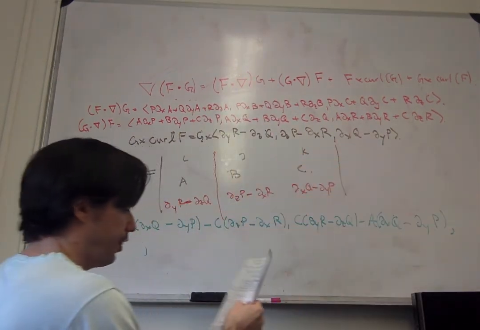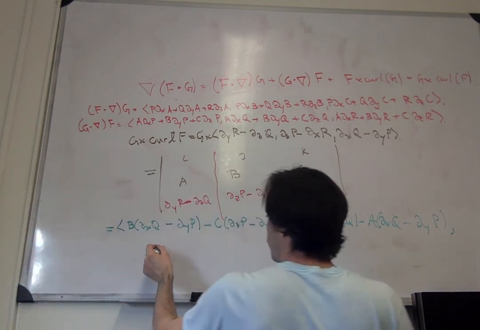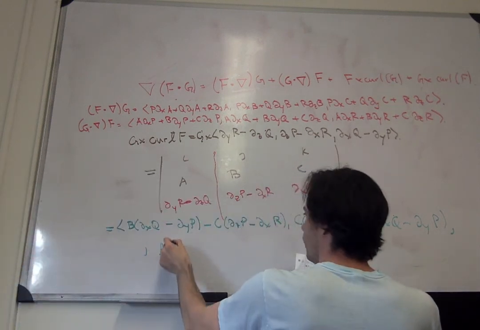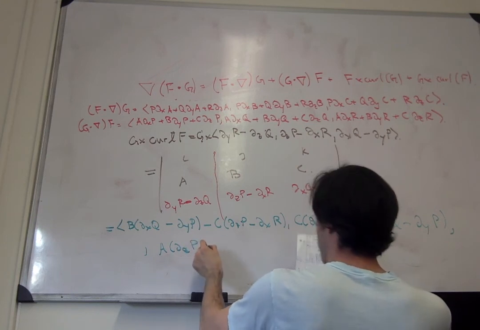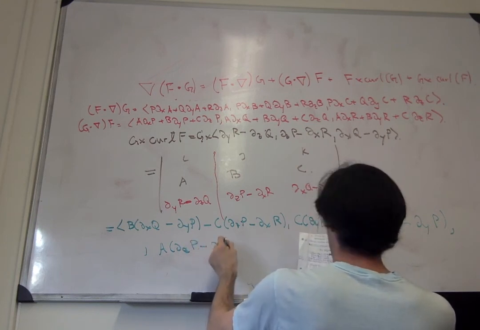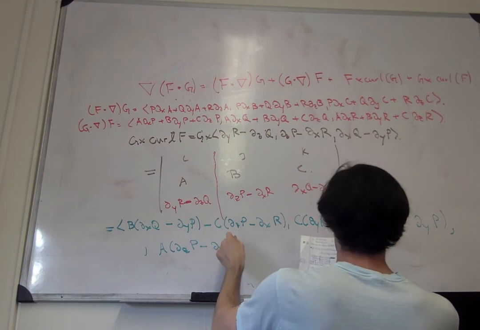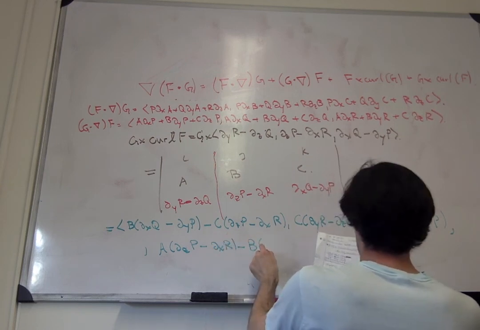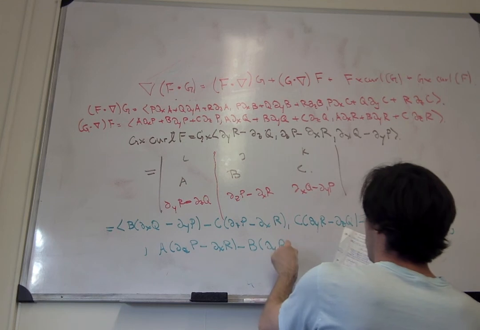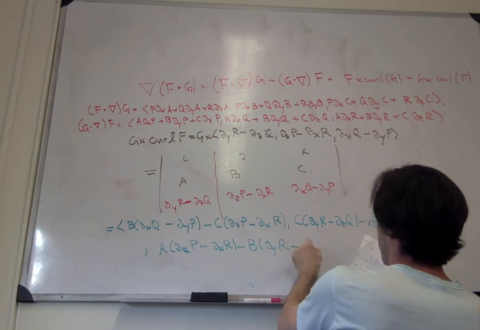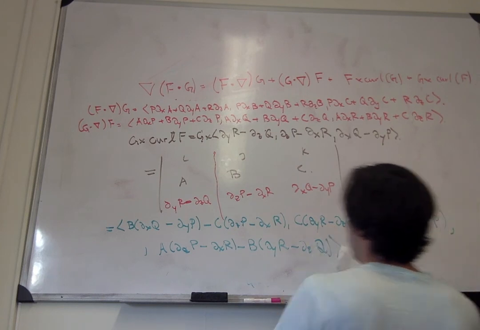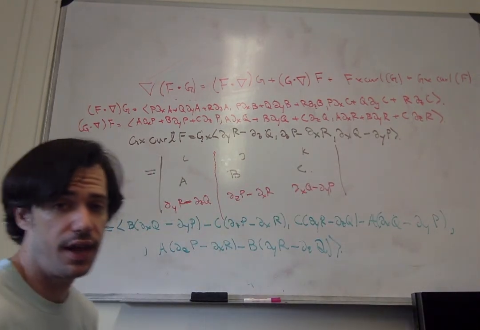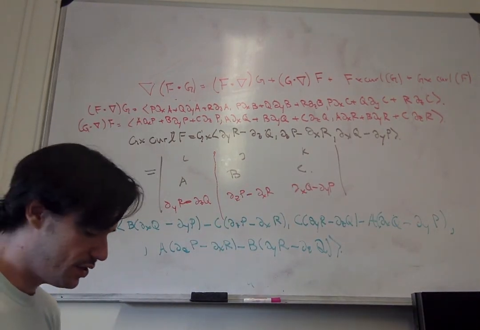And then the third coordinate is going to be A (del z P minus del x R) minus B (del y R minus del z Q). Okay, so that's a real pain in the butt, but you can do it.